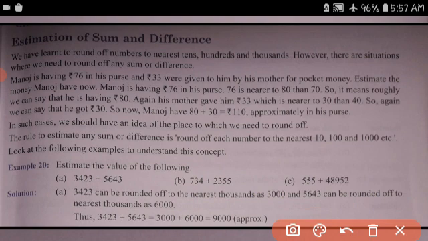So the estimated value is equal to 3000 plus 6000, which is equal to 9000 approximately.